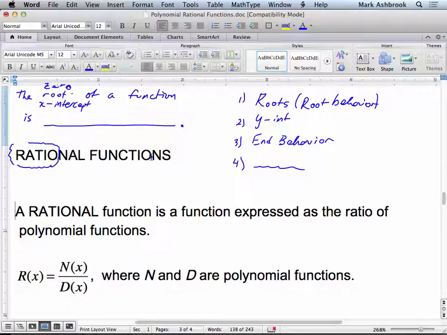So how would we define what a 0 or a root or x-intercept is? Everyone write down what you think. Write out the best definition that you can.